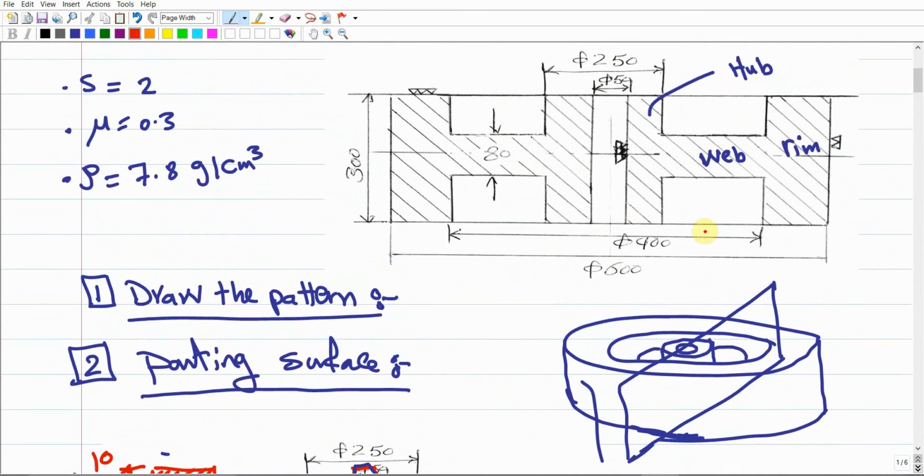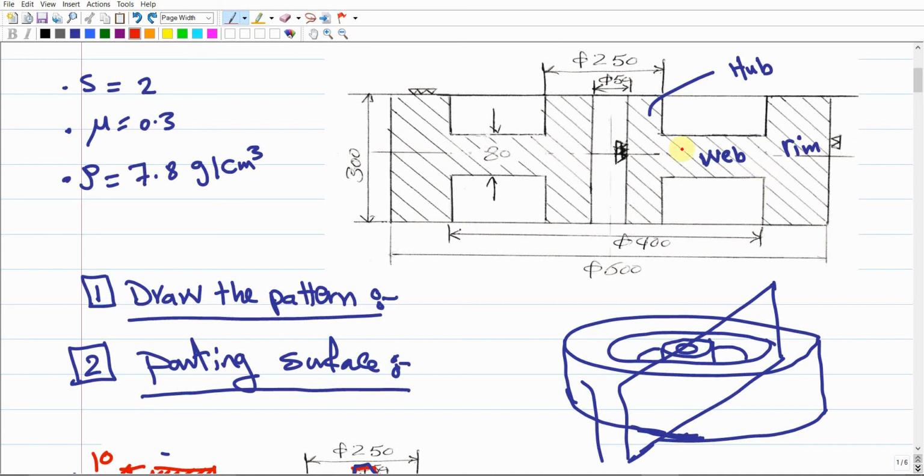Then the next dimension is the 400. The 400 connects two side surfaces, this one and this one, right? And you should keep in mind that this surface is typically the same as this one and this one, because the 400, I can write the 400 here. I'm still talking about the same dimension, right? So do you see any machining symbols already located or identified on these surfaces?